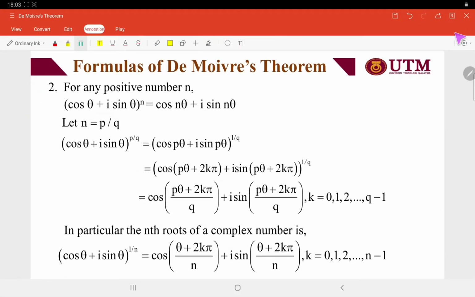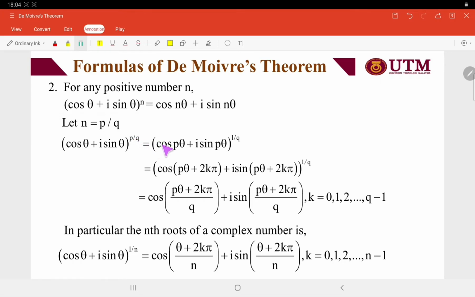Then another case is for any positive number n. For any positive number n, we know that (cos theta + i sin theta)^n will be equal to cos n theta + i sin n theta. If we let n equal p over q, so here will be (cos theta + i sin theta) raised to the power of p over q.